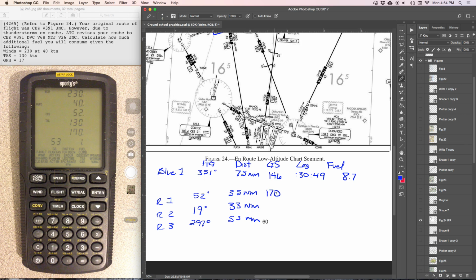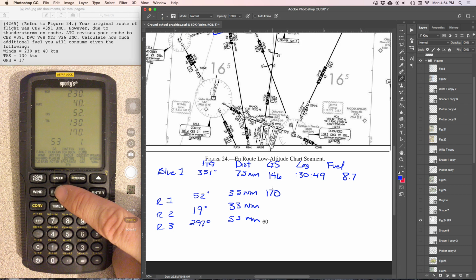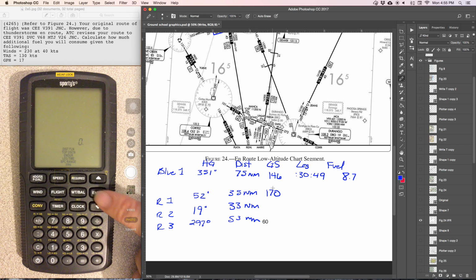And as you get more familiar with working these problems, you won't have to write down the ground speed information because it'll carry forward. So now we're going to go into leg time. We've got our distance, we're going to change that to 35. Our ground speed carries forward, 170, and we're going to get 12 minutes and 21 seconds.